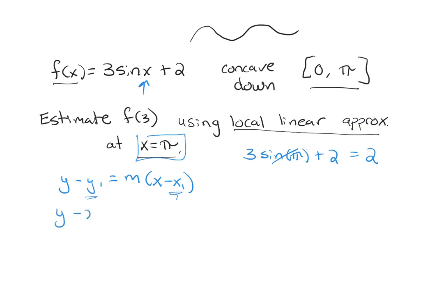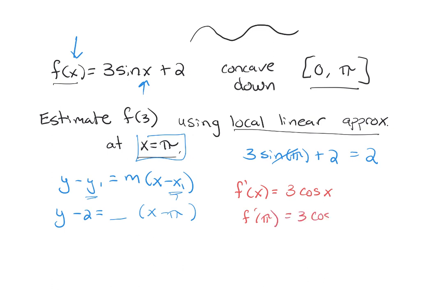So y minus 2 equals, I'm going to have to find my slope, times x minus pi. To find the slope, I need the derivative of f and plug in pi. So the derivative would be 3 cosine x, and we need to find the slope at x equals pi.